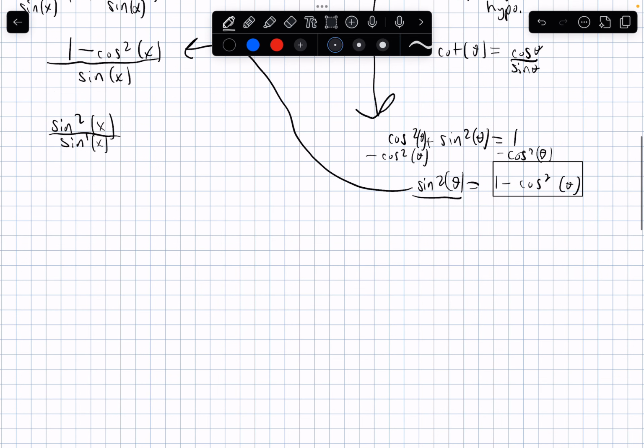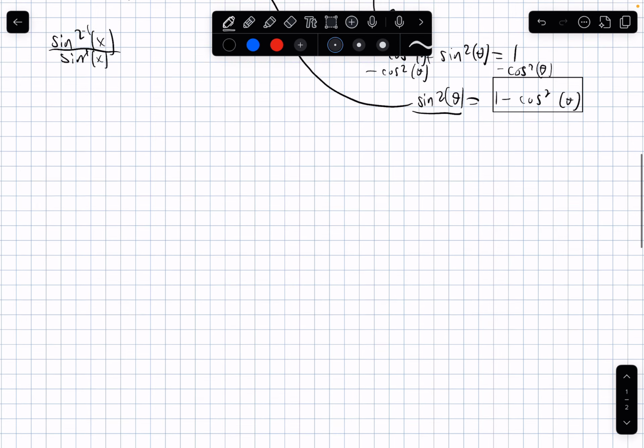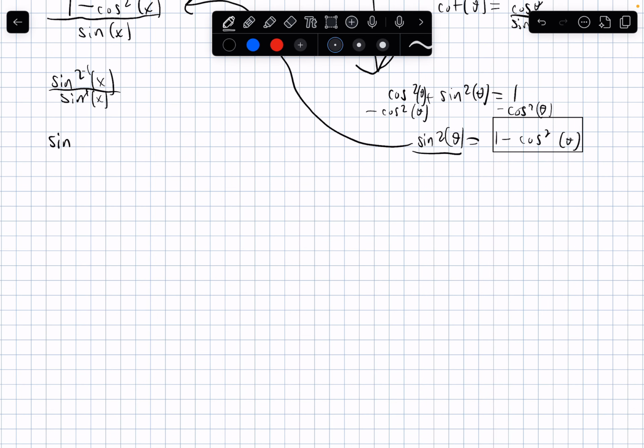If we remember our exponent division rules from algebra, division is essentially subtraction of the exponents. So the final answer is just going to be sine of x. Thank you.